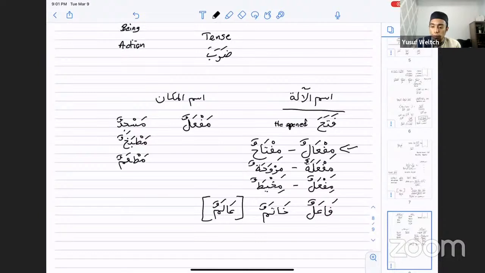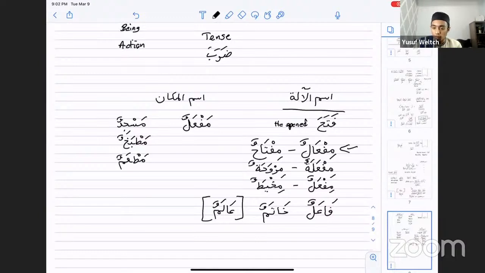So what we'll do is go through the forms slowly, before we finish the class itself. While we're going along in the book, we want to go over the forms formally with each other. And I'm going to give you all a shortcut way of memorizing all 10 forms.